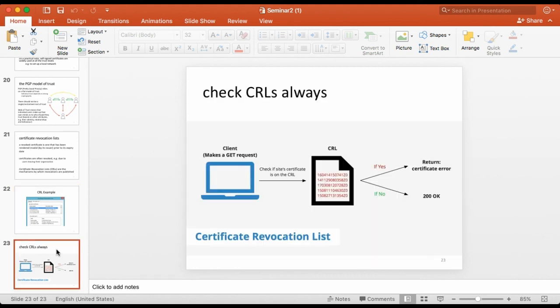What you would then have is a server in your department or in the region where you can submit the serial number for a certificate, and if you get a yes, that means the certificate has indeed been revoked. So at that point you shouldn't proceed any further.